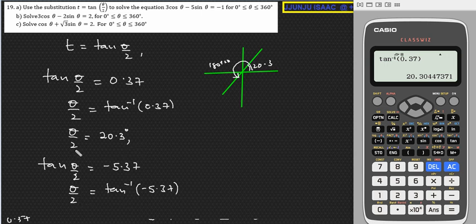So now let us see theta by 2, the tan inverse of negative 5.37.